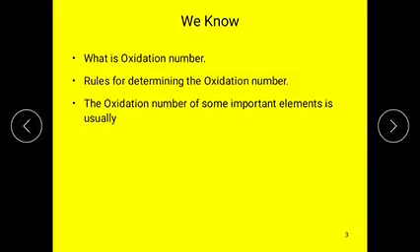Let us see some important elements' oxidation numbers. Generally, the oxidation number of hydrogen is +1. Normally, the oxidation number of oxygen is taken as -2.